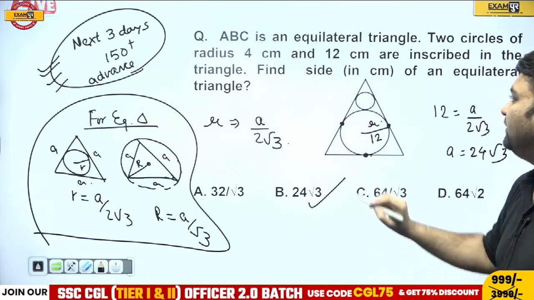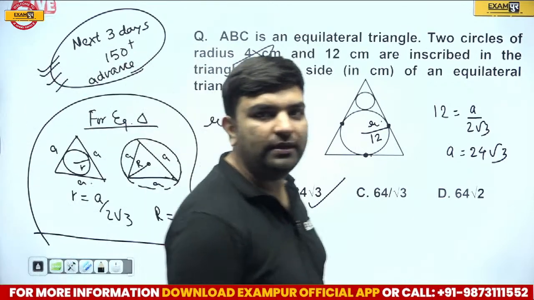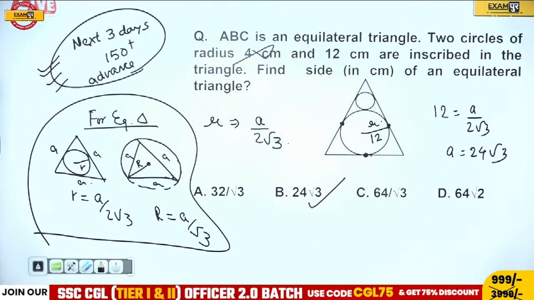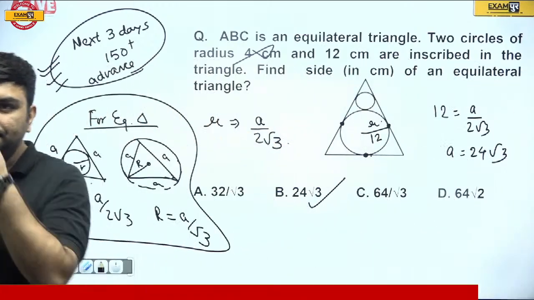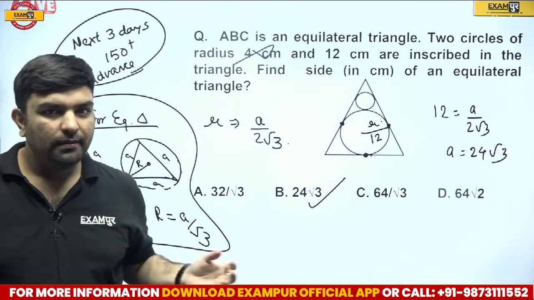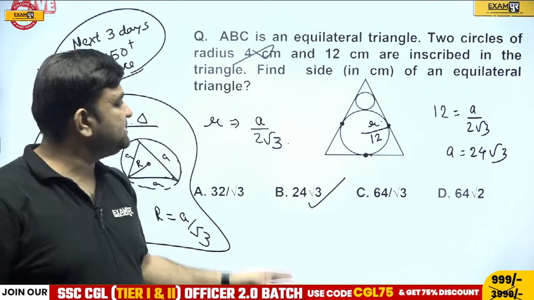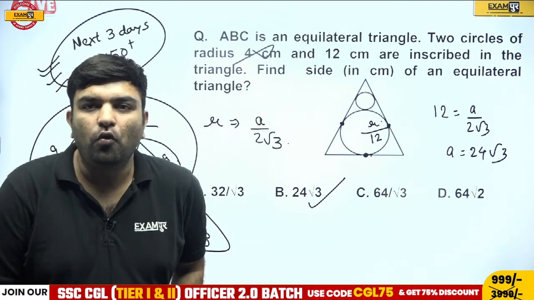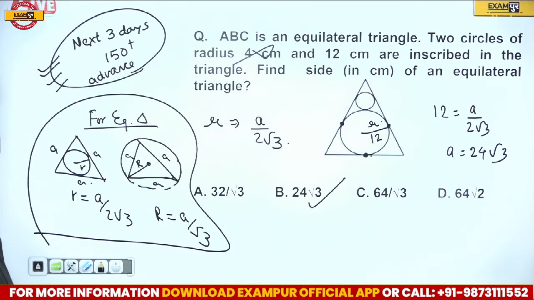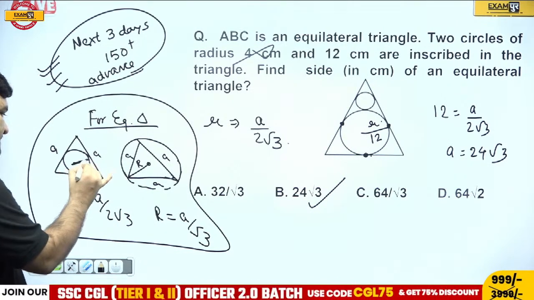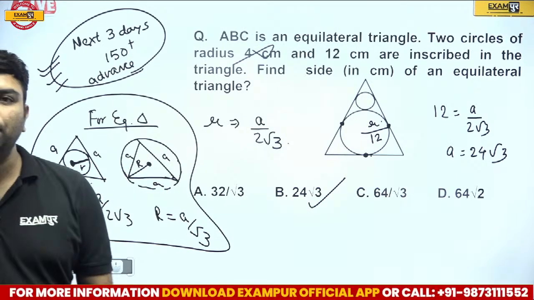We cracked it without using the previous data of 4, guys, because of our strong logic. Inradius is a by 2 root 3, circumradius is a by root 3.